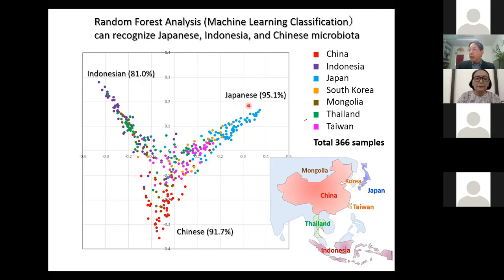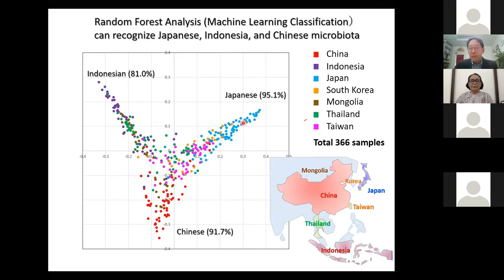But for the other countries, for example Thailand, colored by green, and Taiwan, colored by pink, you can recognize the location of Thailand children between the Indonesian and Chinese. And the Taiwan children data are localized between the Chinese and Japanese.